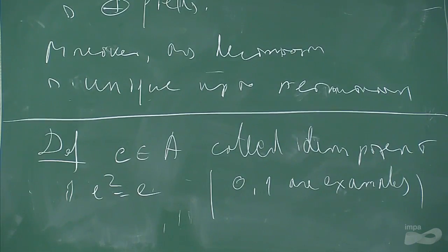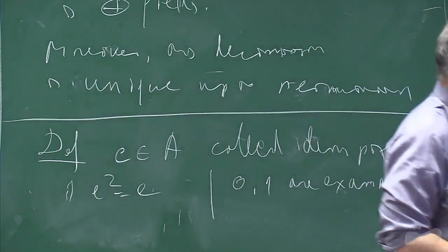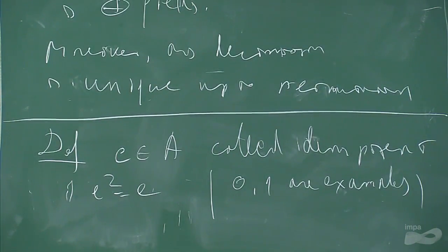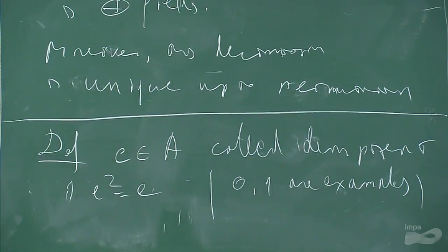So the important thing is that the product of two idempotents is idempotent, and there are a couple of easy remarks. If E and E prime are idempotent, then E E prime is also idempotent.